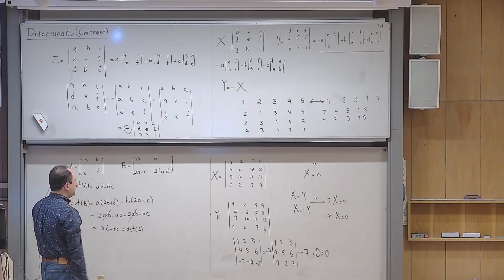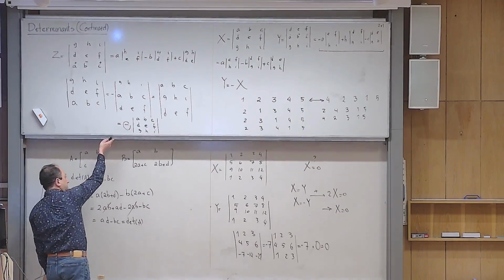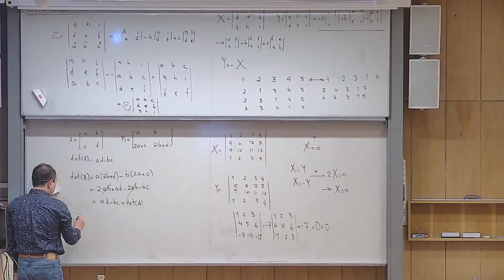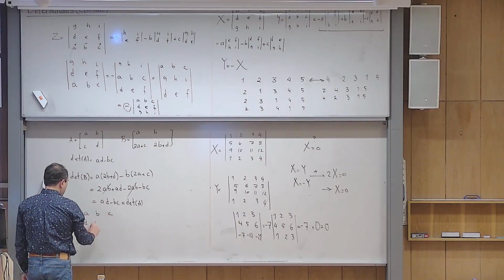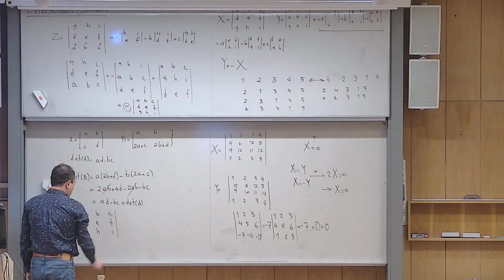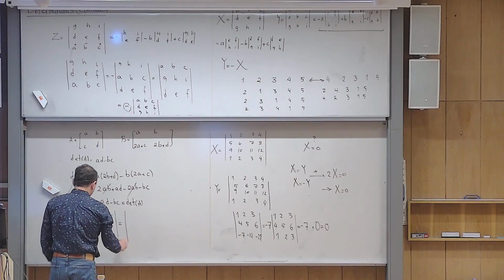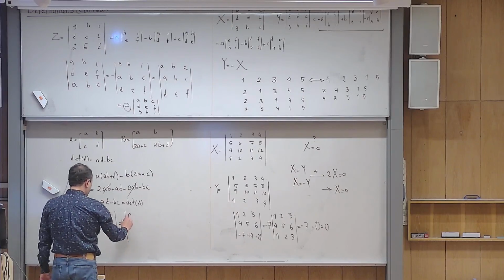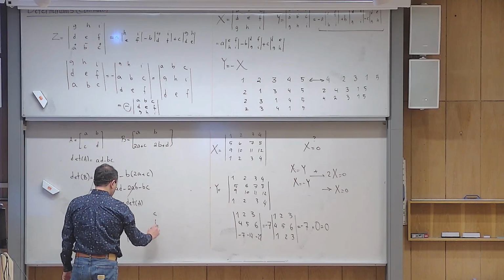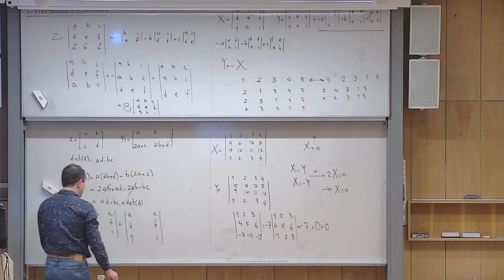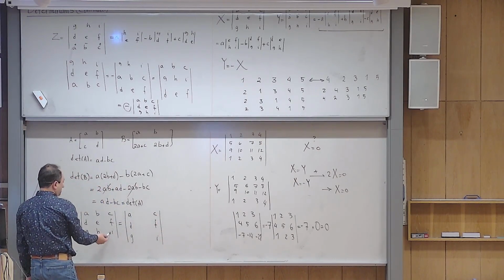If I give you this determinant a, b, c, d, e, f, g, h, i, I can keep this column and that column, for example, the same. Then I decide to add 5 times of this column to the middle column.